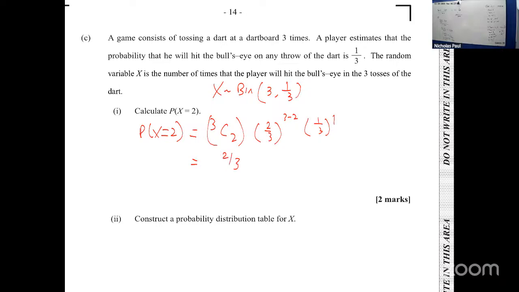Two? No? 19. What's the final answer here? Right?